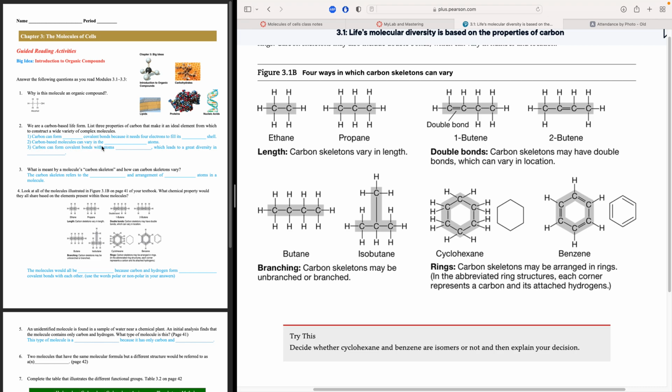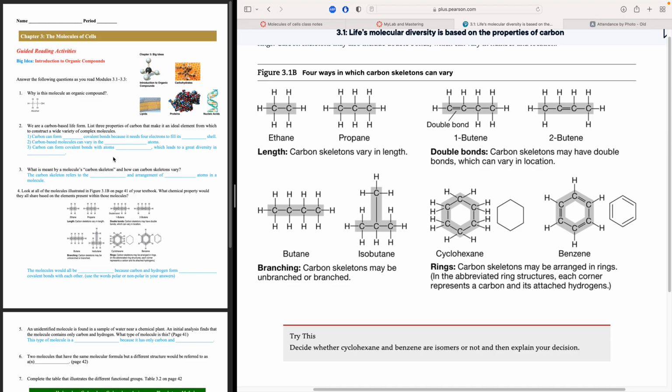Carbon-based molecules can vary in the length. They can be 2, they can be 3, they could be 10,000 carbons long.